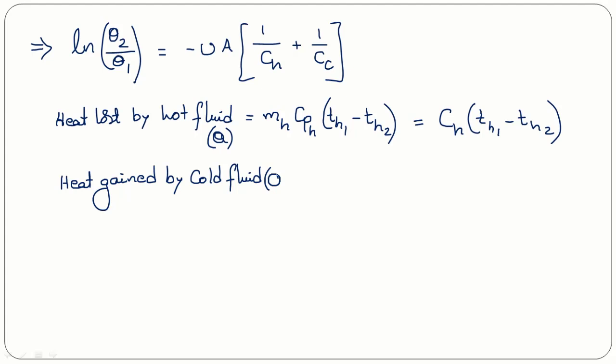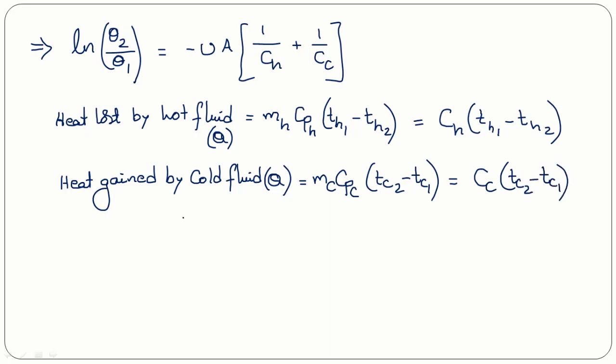So this will be mc Cpc into Tc2 minus Tc1. We can write this as capital Cc into Tc2 minus Tc1. Now from this, 1 by Ch will be Th1 minus Th2 by Q, and 1 by Cc will be Tc2 minus Tc1 by Q.